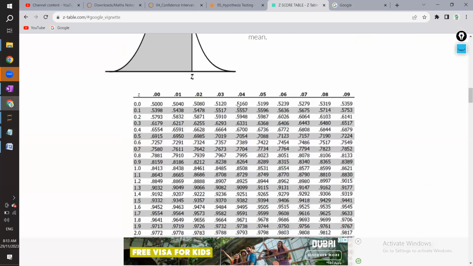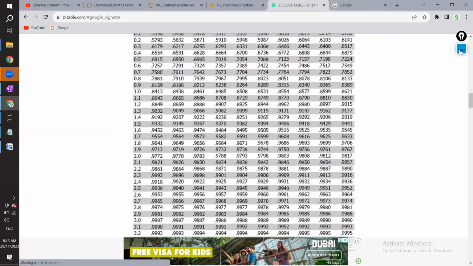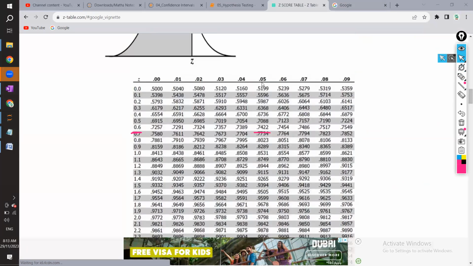Where will you have the 0.95? Yes, 0.95. And what is the value? It is 1.6 plus 0.05.